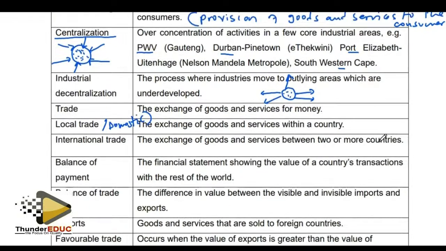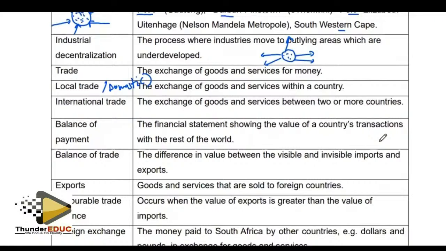Then we look at international trade, which is the exchange of goods and services between two or more countries. This includes export and import trade, where for imports, countries buy from other countries, and for exports, countries sell to other countries.